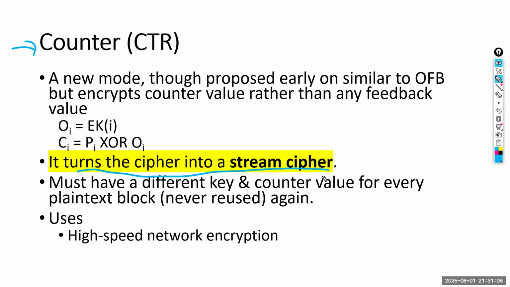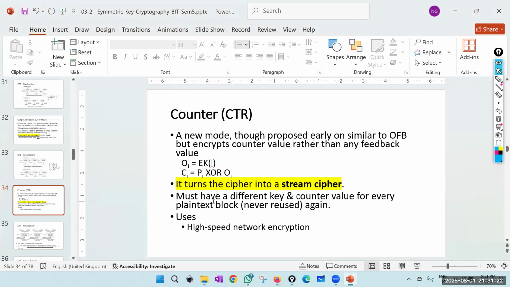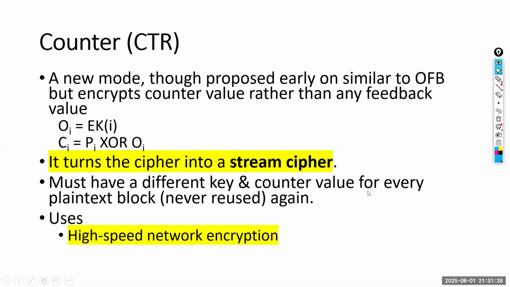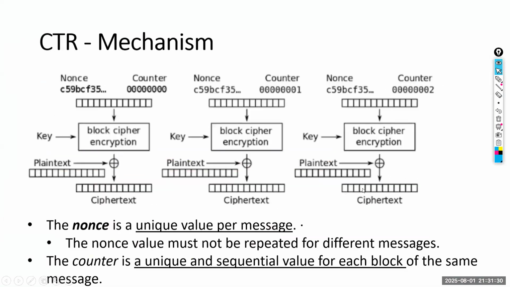Therefore, it's very good for high speed net encryption. So this is a very important property. If you're looking for very high speed, stream cipher like behavior, you can go for the counter approach or counter block mode.